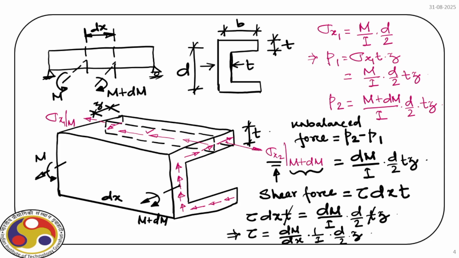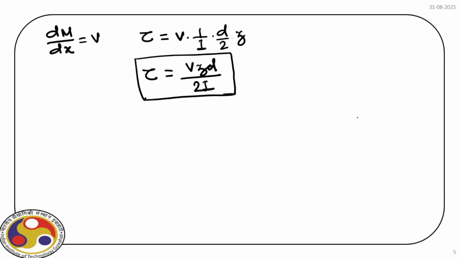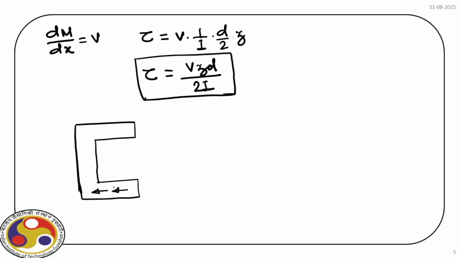So if you draw the section, now we have a channel. Now for this channel, we have the shear flow diagram.